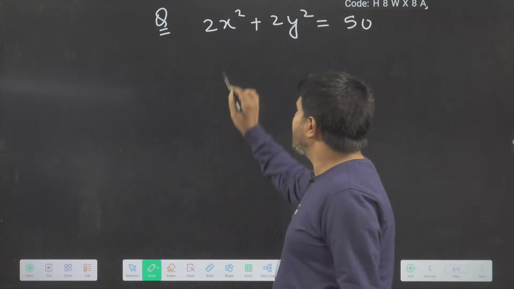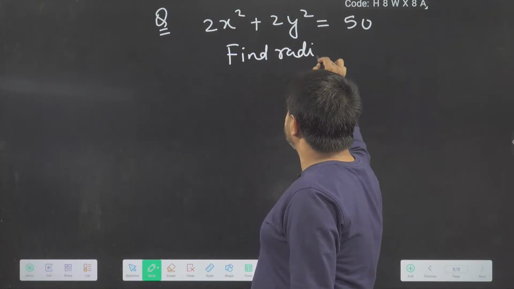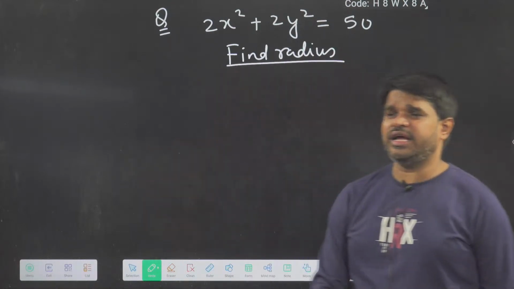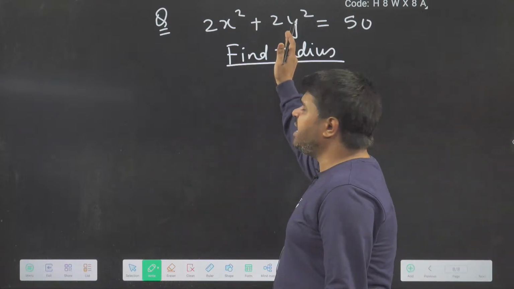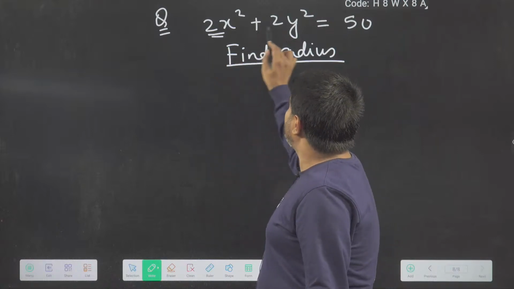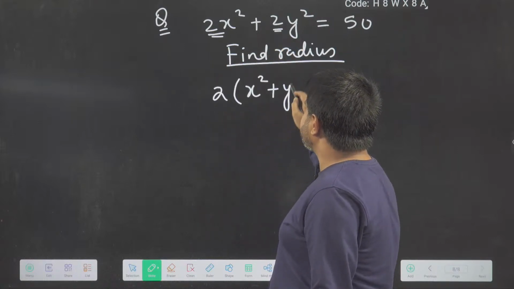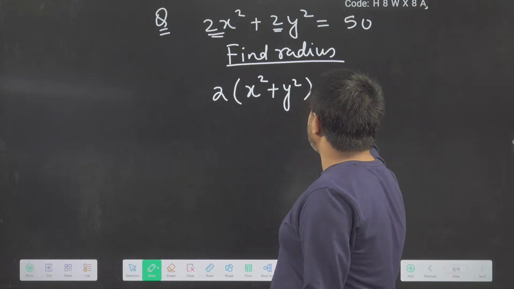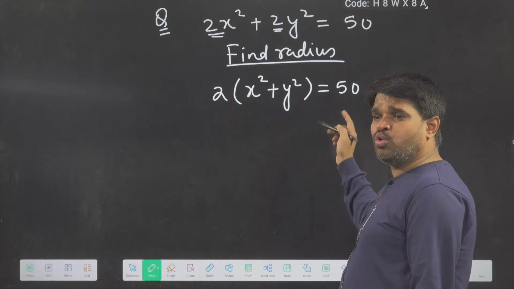Find the radius. Let me find the radius. Can I take 2 common? Yes. So I am taking 2 common: 2 times x square plus y square equals 50. Now I am bringing 2 here.